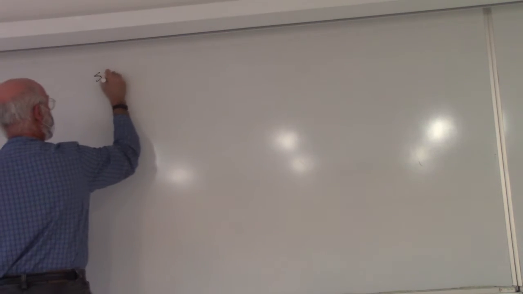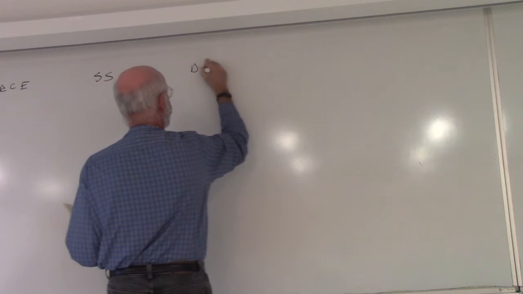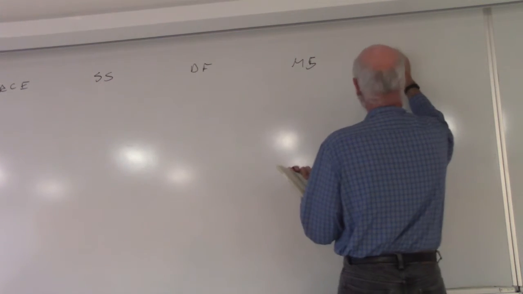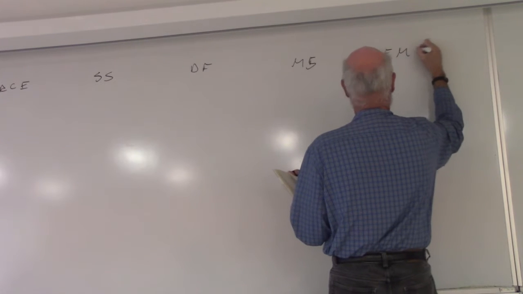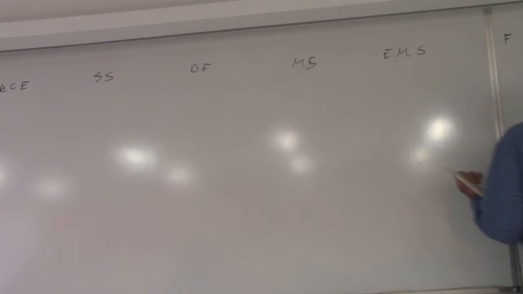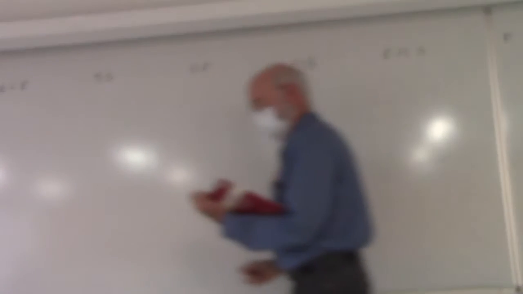So we have source, sum of squares, degrees of freedom, mean square, expected mean square, and then F computed, and then F tabled.